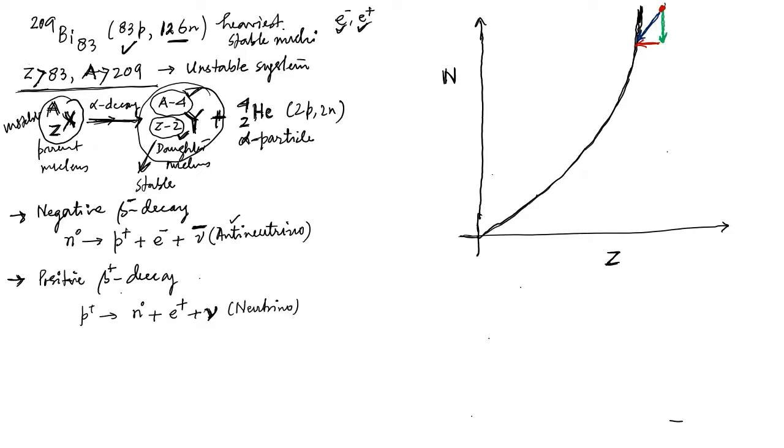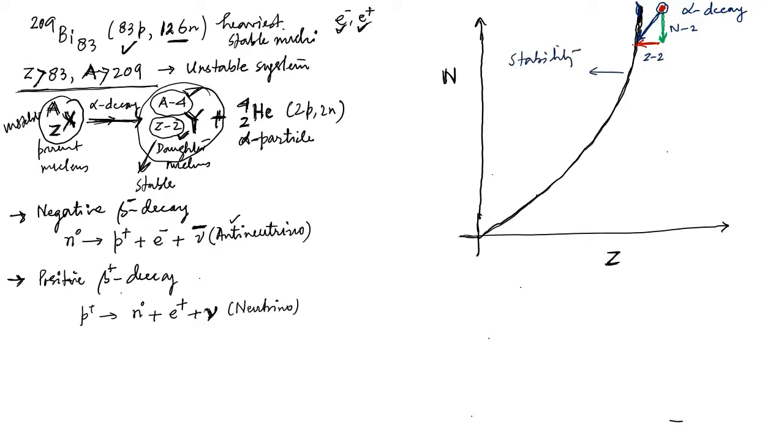So if this is my system, it does an alpha decay, and this line gives you N minus 2, and this line gives you Z minus 2, and then finally it reaches the line of stability.